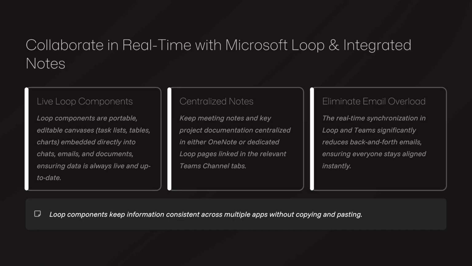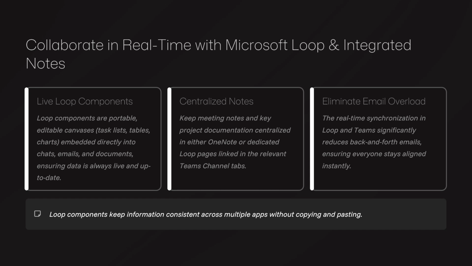Collaborate in real time with Microsoft Loop and integrated notes. Live Loop components: Loop components are portable, editable canvases embedded directly into chats, emails, and documents, ensuring data is always live and up to date.